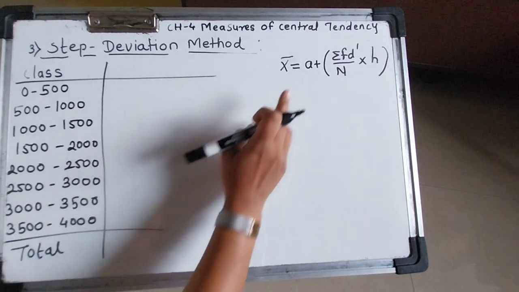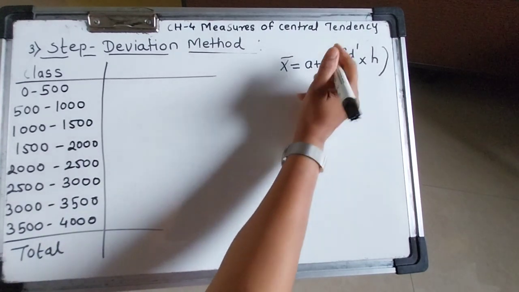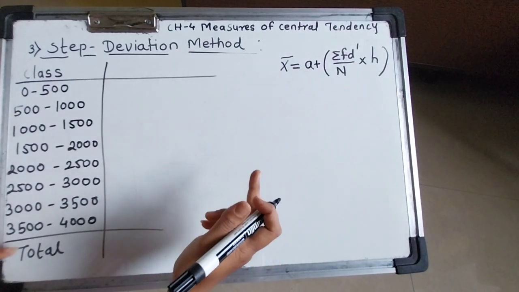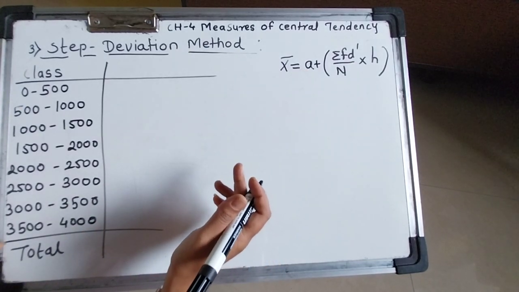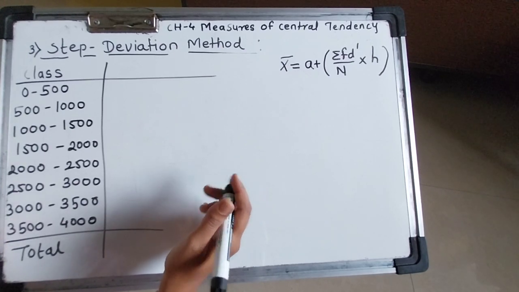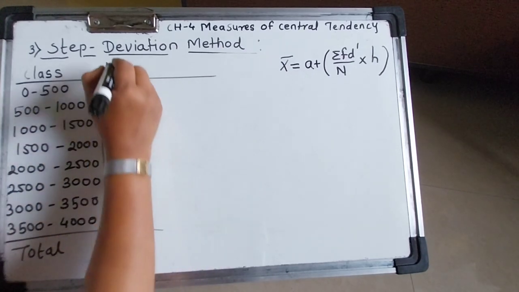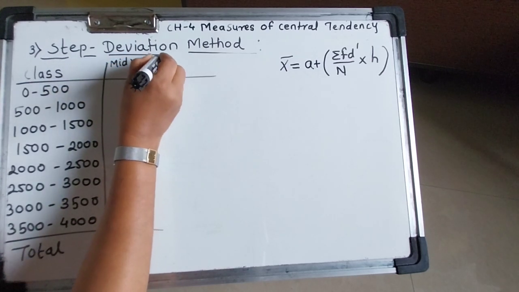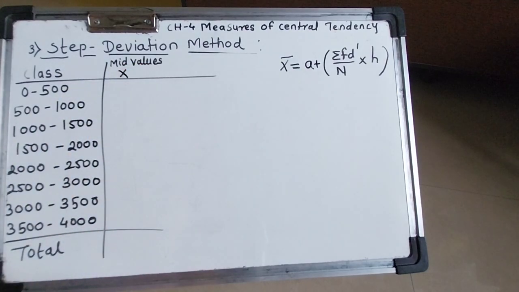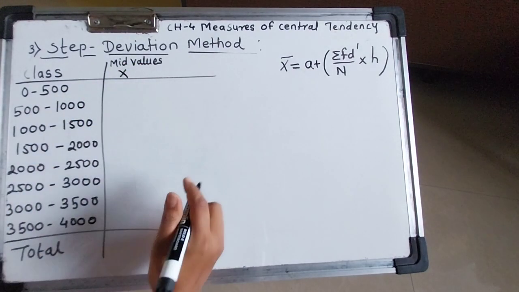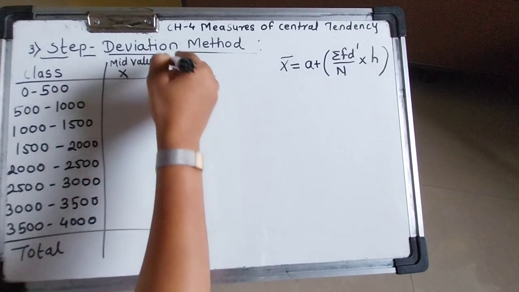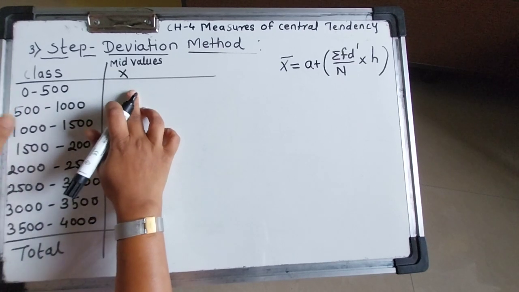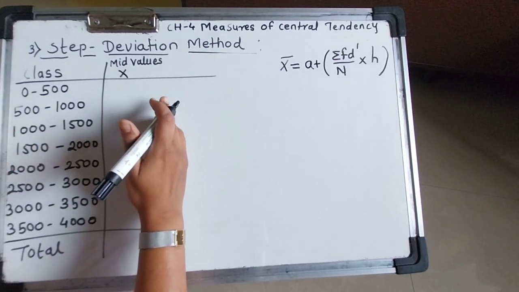First, what do we have to find? The assumed mean. Normally we assume it from the observation, but here they have given classes, so we find the mid values, denoted x. The formula for the mid value is lower limit plus upper limit divided by 2.